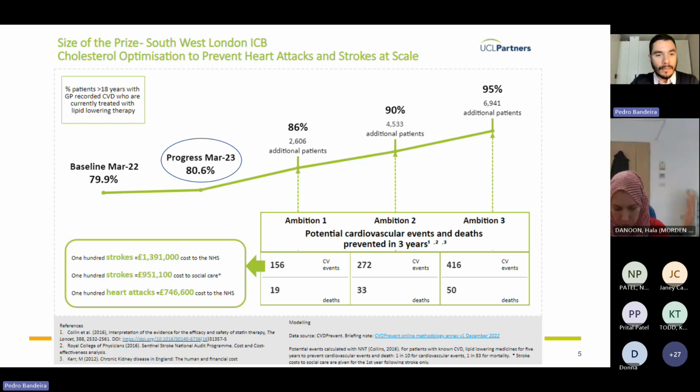So you can see here just a progress last March 23. Statin patients with recorded CVD on statins was around 81%.